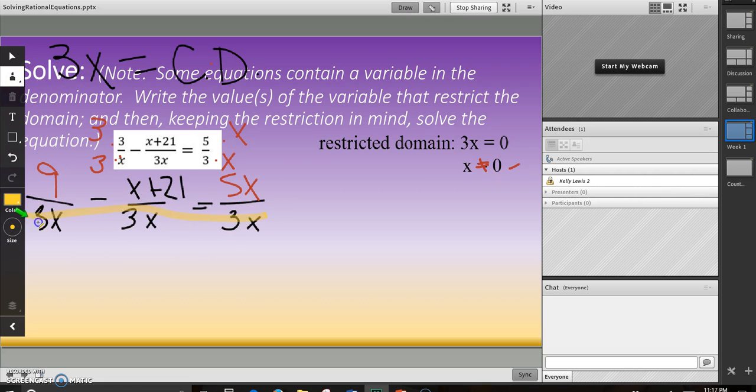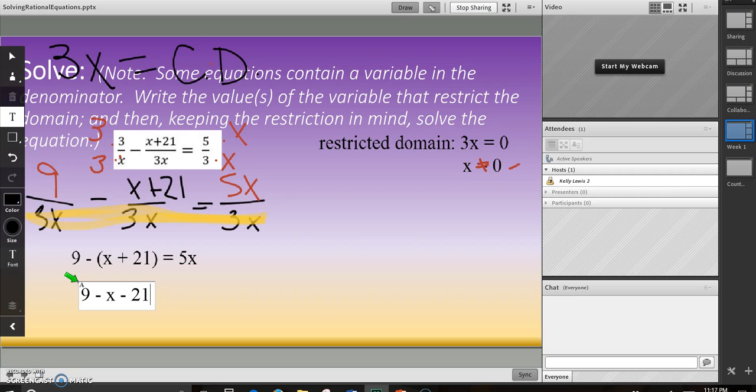All right, look. The denominators are all the same, so I'm just going to delete them. Okay, and so I have 9 minus x plus 21 equals 5x. Way easier than what's above there. All right, I need to distribute that negative sign. So negative times x is negative x.